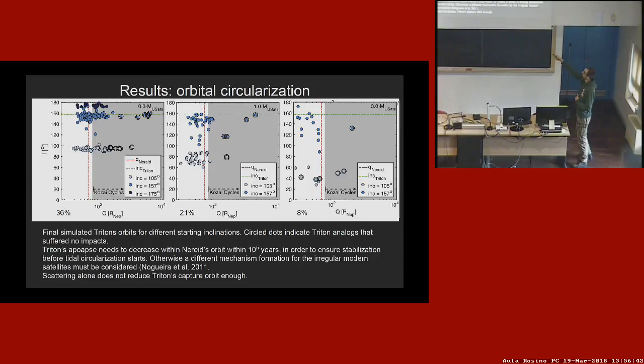And as you can see, in a low mass system, these are the final positions of Triton according to the semi-major axis. In red, you see the semi-major axis of Nereid. In green, you see today's inclination. You can see that in the low mass system, the inclination is not a low inclination initial scenario.